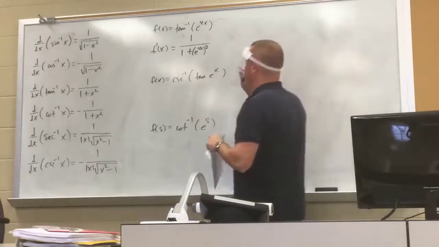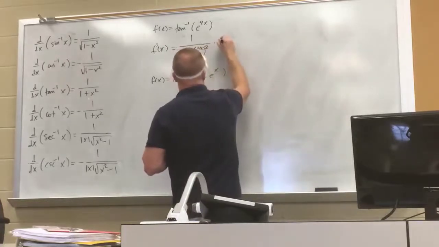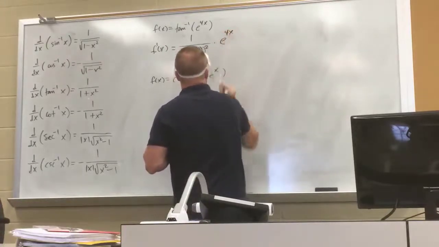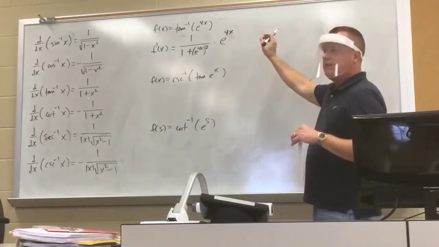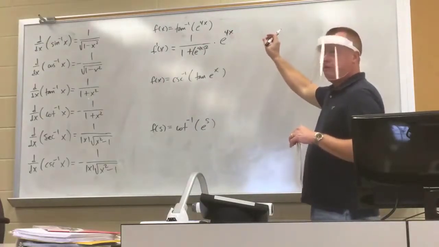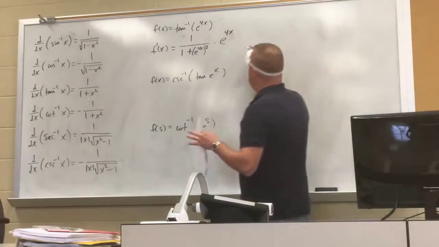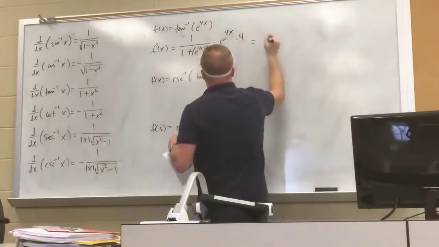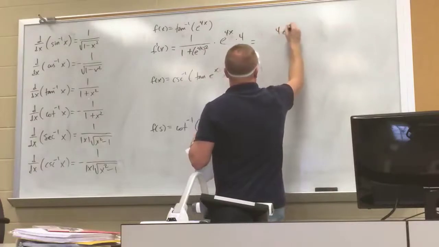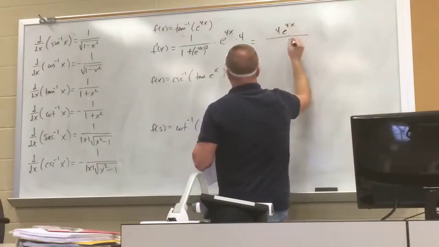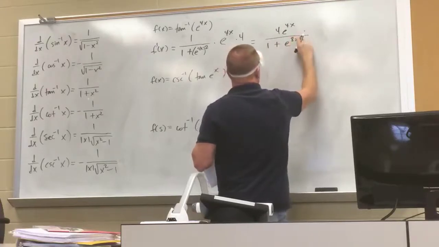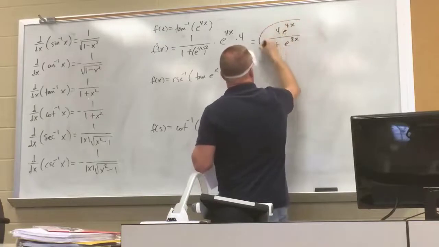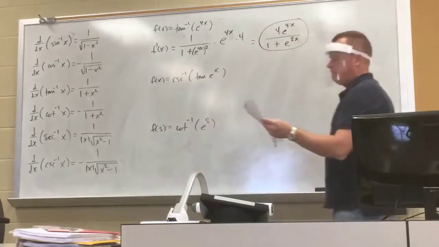The derivative of e to the x is just e to the x, but I don't just have x up there, I have 4x. So I also multiply by the derivative of 4x, which would be 4. So I have 4e to the 4x over 1 plus e to the 8x power. All right. Questions about that?